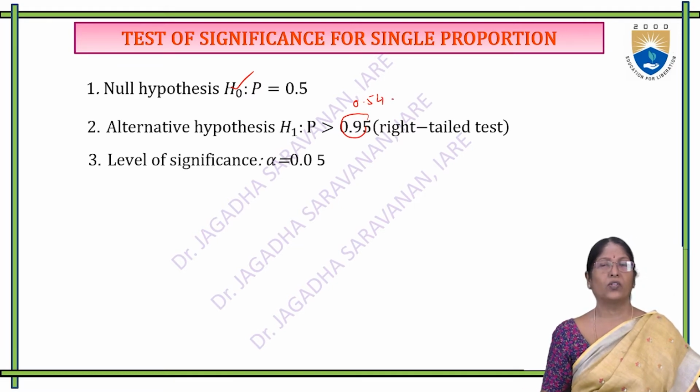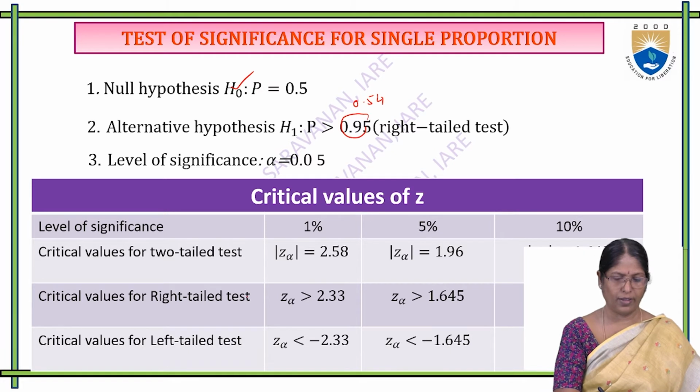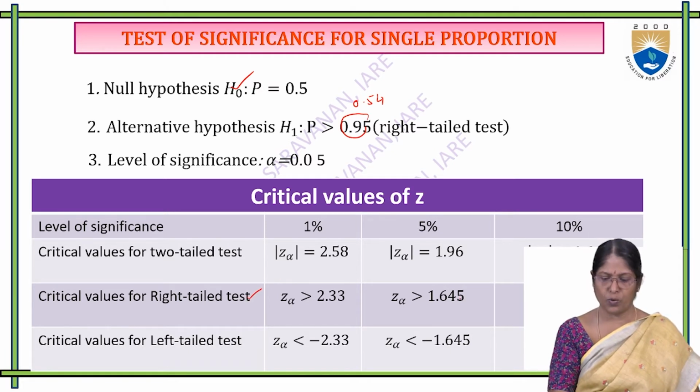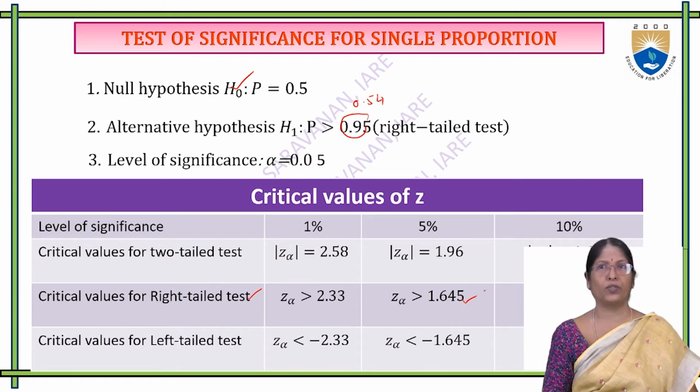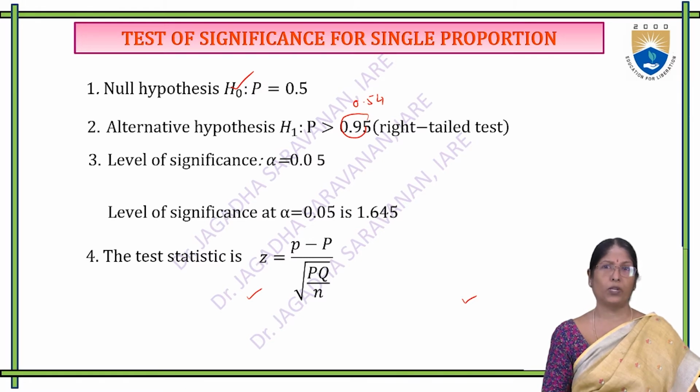So the level of significance alpha equals 0.05. We can see this is a right-tailed test, and the value is 1.645. The test statistic is small p minus capital P divided by square root of PQ divided by n.